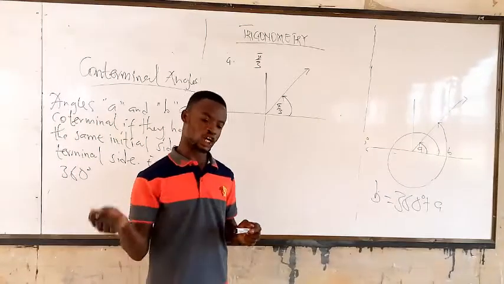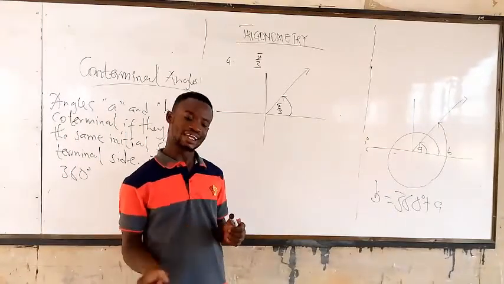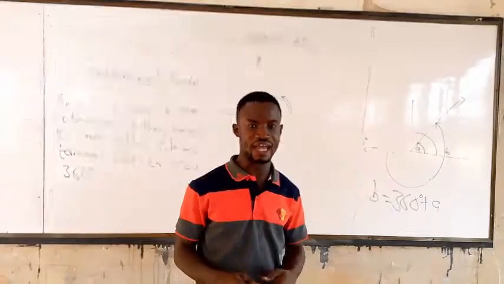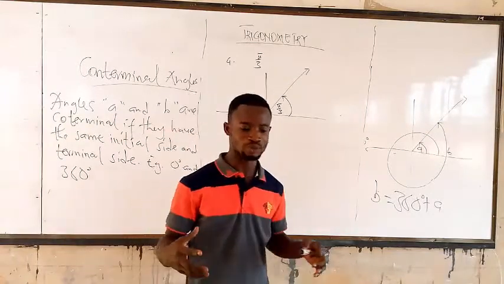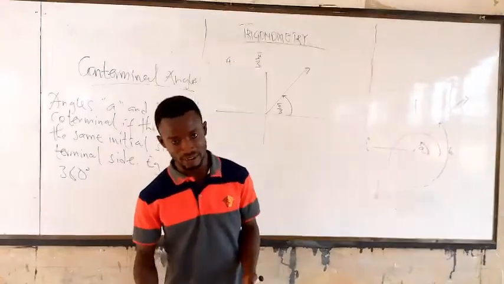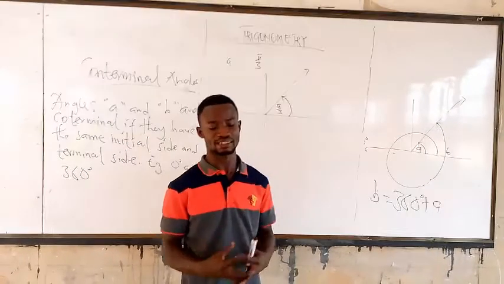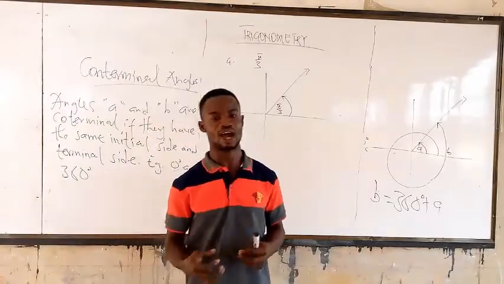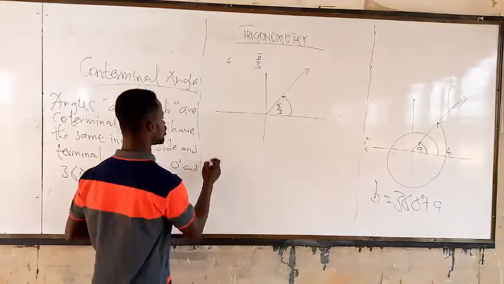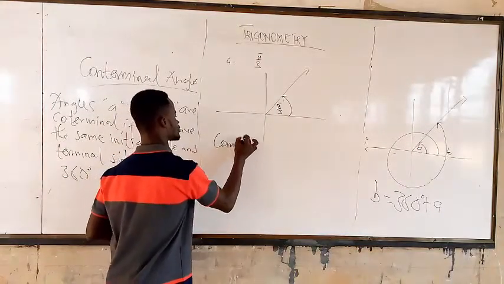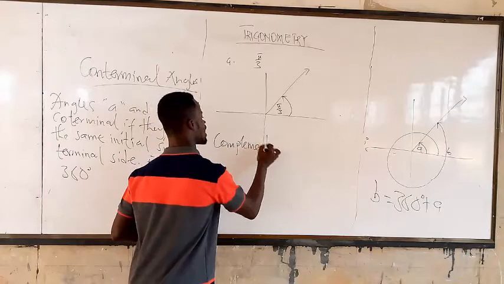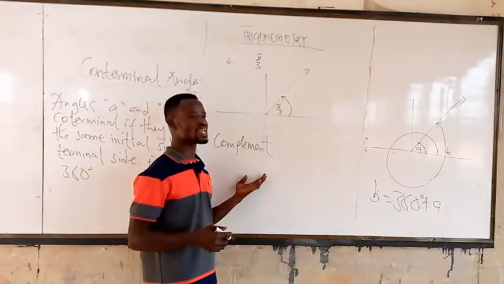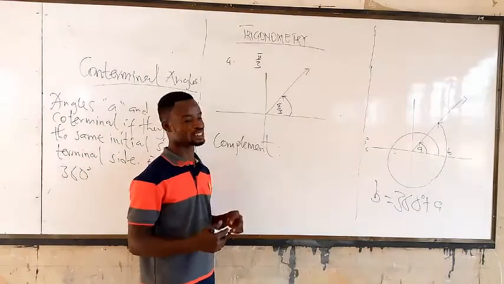So to find the complements and the supplements, you know what a complement means. When angles add up to 90, they are complements, and when angles add up to 180, they are supplements.